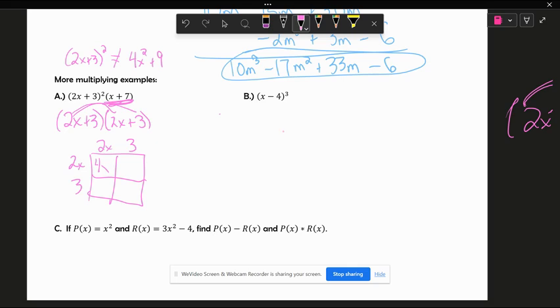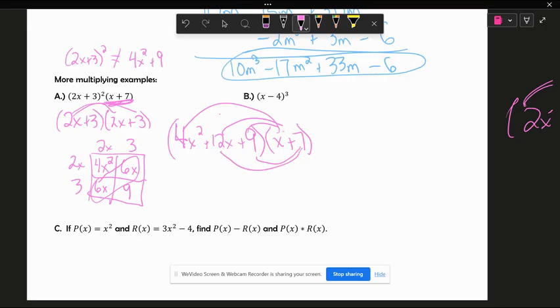So 2x times 2x is 4x squared. 2x times 3 is 6x. And 3 times 3 is 9. So when we simplify it, we get 4x squared. We got like terms here, so plus 12x plus 9. Now we got to multiply it by x plus 7. So we're just going to distribute those terms.